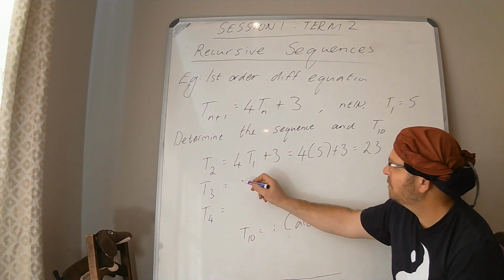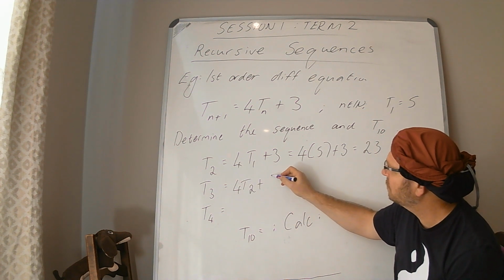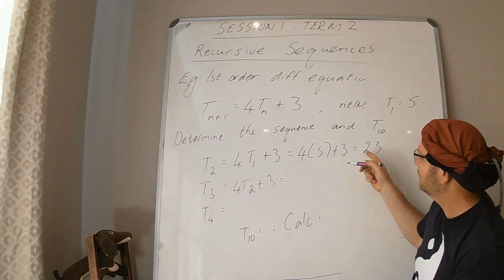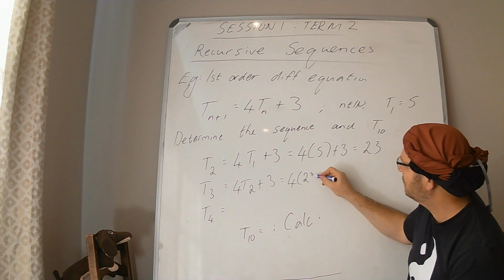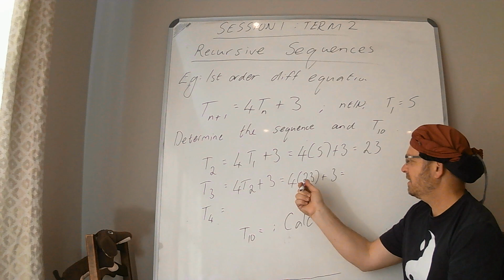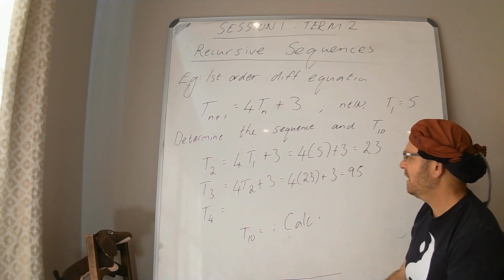Term 3 would be 4 times term 2 plus 3. So what's the value of term 2? It's 23. So it's 4 times 23 plus 3, which is 92 plus 3, which is 95.